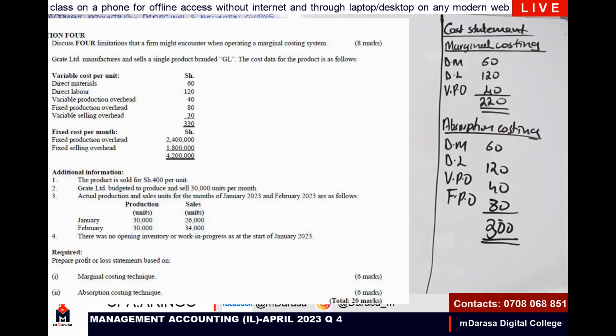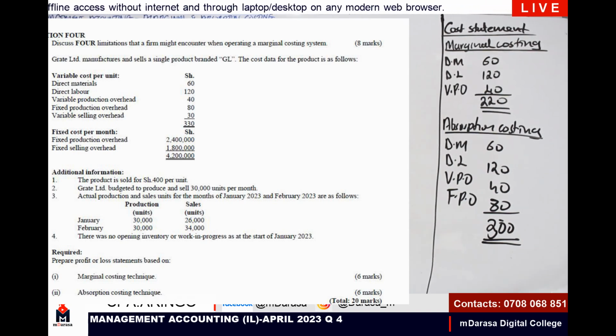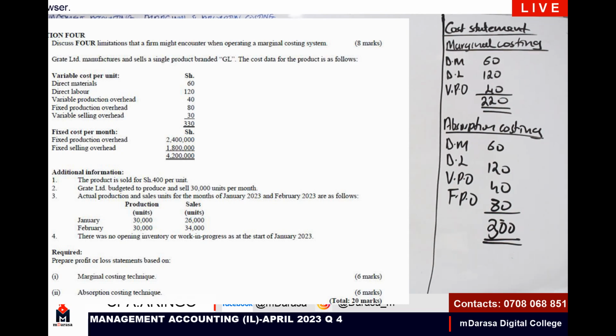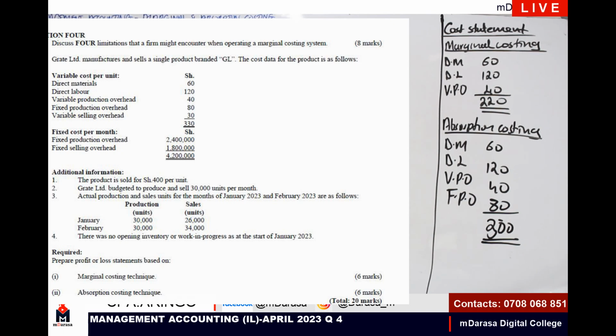Another one is absorption, also with January and February. I want us to prepare them all at once, so that you see how easy this concept always is.